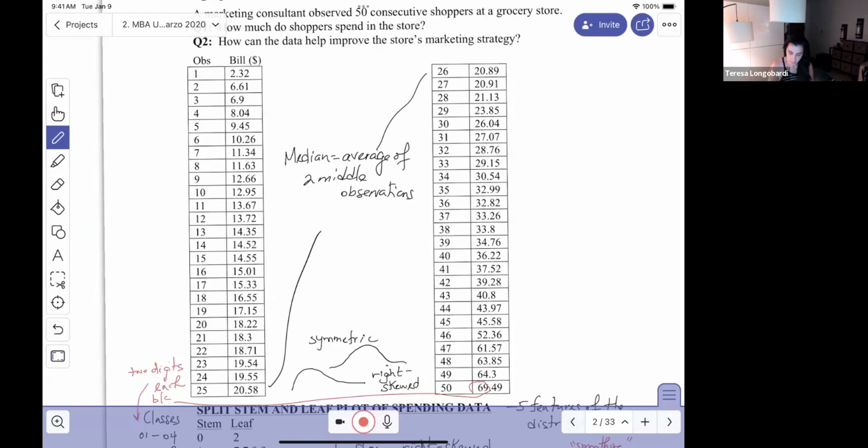So in this example, the median is equal to 20.58 plus 20.89 divided by 2.